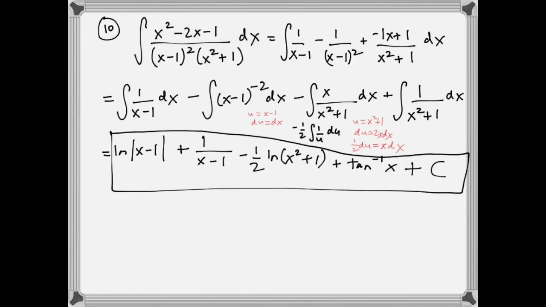So for our last thing in this section, we are going to learn one more little technique. The book kind of throws it into this section, which I think is kind of weird. But I want to give one last little thing here called rationalizing substitutions. So the entire technique goes like this.